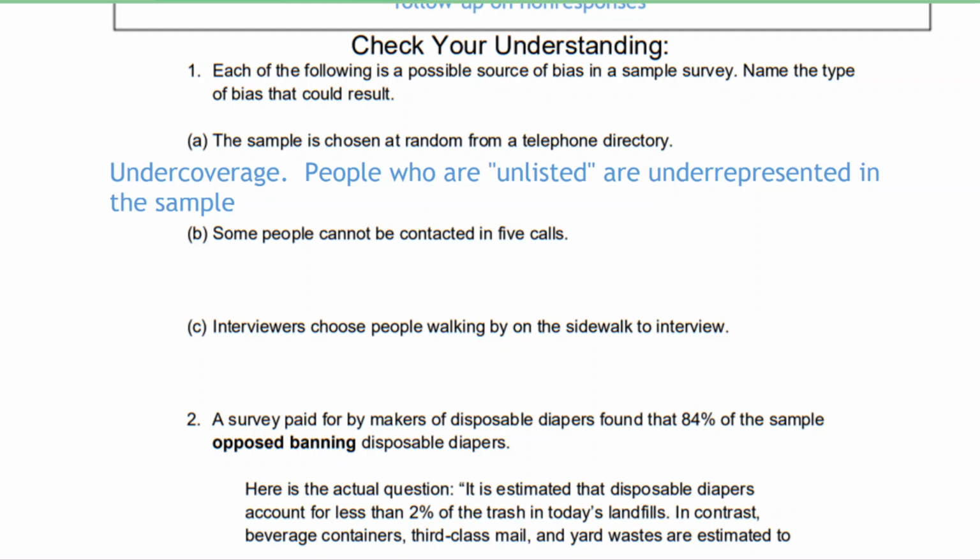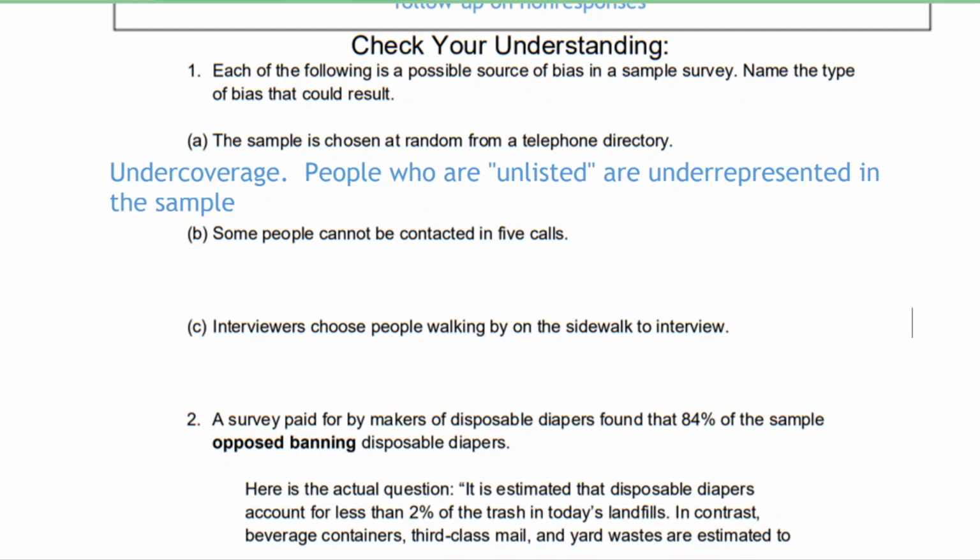So if there are any unlisted people in the phone book, they're going to be underrepresented in the sample. And depending on what the survey is asking, all those underrepresented or unlisted people might be important to the survey.